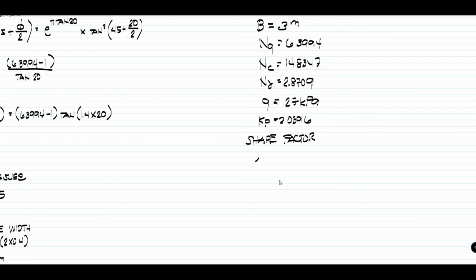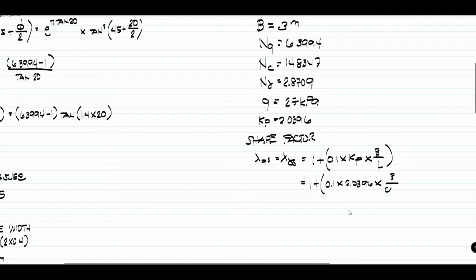Sa shape factor natin, so that is still the lambda QS and the lambda gamma S. So, that will be 1 plus 0.1 times Kp times B over the L. So, that is just equivalent to 1 plus 0.1 times 2.0396 times B, which is 3, divided by infinity.